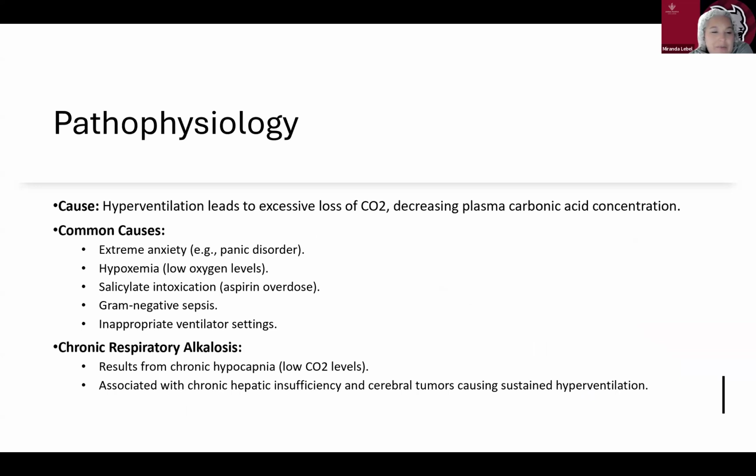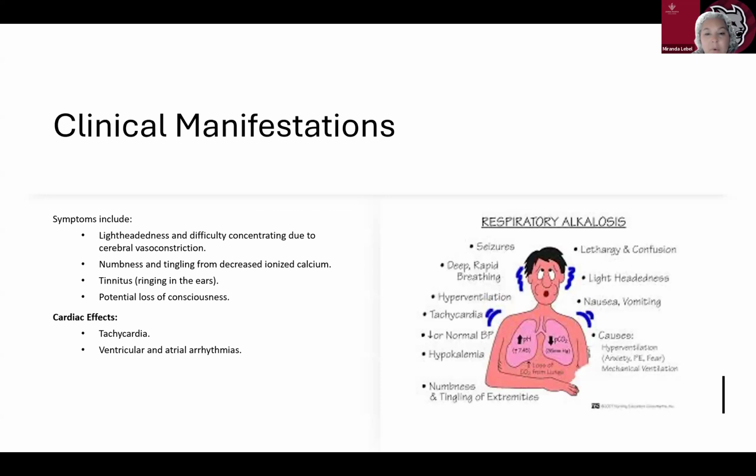Chronic respiratory alkalosis results from chronic hypocapnia, so those low CO2 levels, and is associated with chronic hepatic insufficiency and cerebral tumors causing sustained hyperventilation. So here we have a guy with our clinical manifestations.